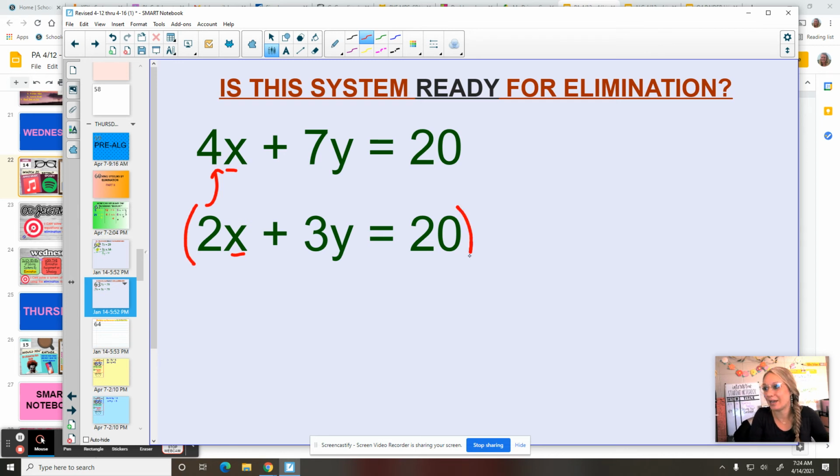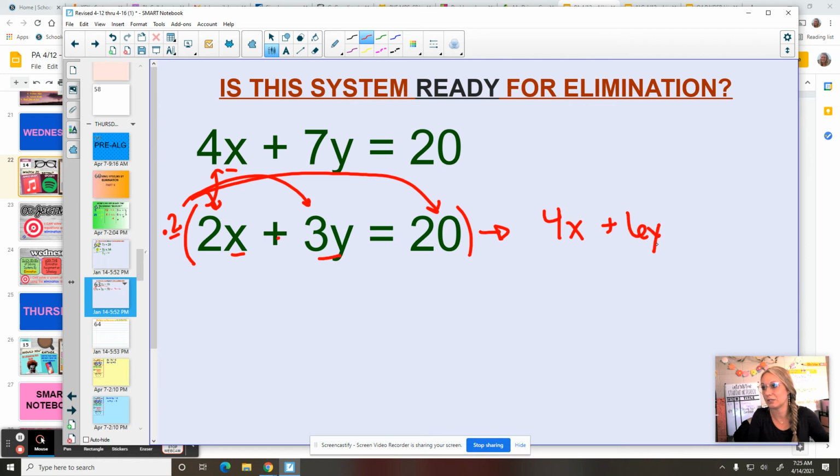What we can do, and I'm going to teach this to you today, is multiply every single term in this equation by 2. And watch what happens when I do that. 2 times 2x gets me 4x plus 2 times 3y gets me 6y equals 2 times 20 is 40.